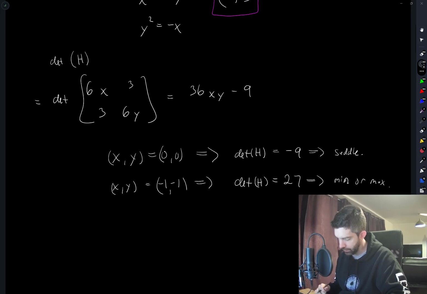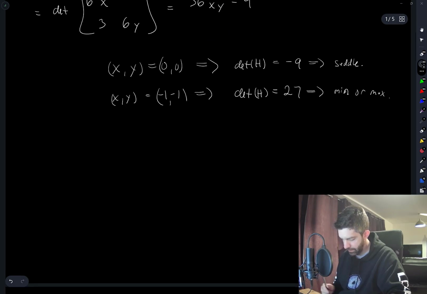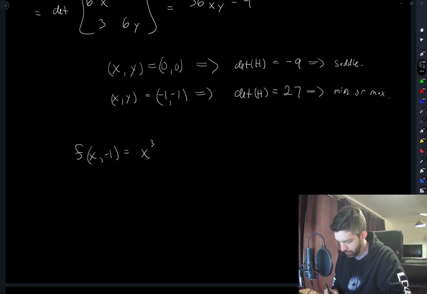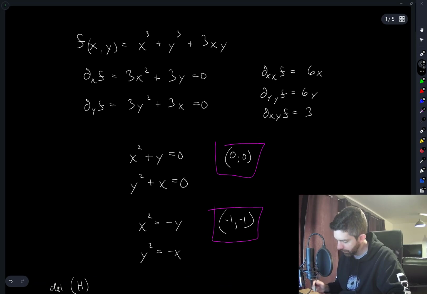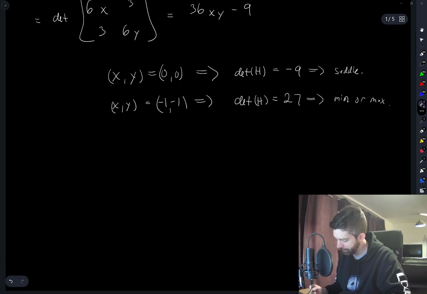We don't really know exactly what it is, but what we can do is just think of this as a function of one variable where I let x equal -1. Well, or just, no, let's do it the easy way. Let's look at the second derivative in the x direction. It's negative, and so this gives us a maximum.